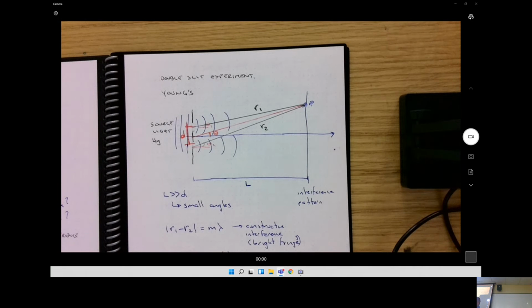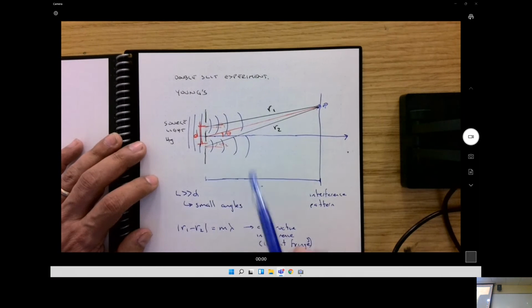So again, what we are trying to do here is find where on that screen, at a distance L from our double slit, do we have constructive and where do we have destructive interference? We're trying to figure out how that pattern of interference is being displayed.